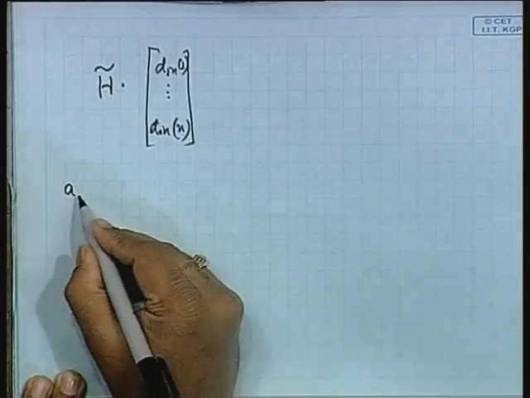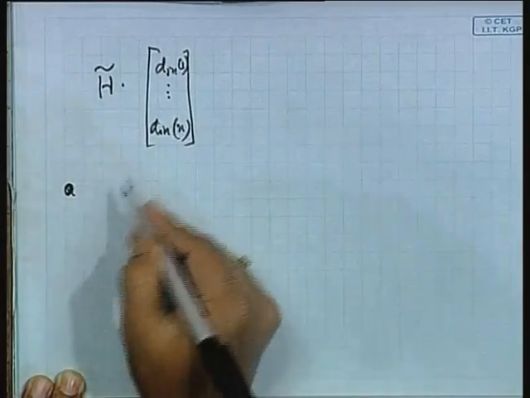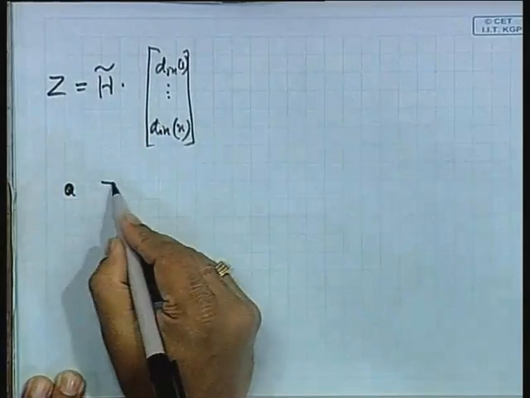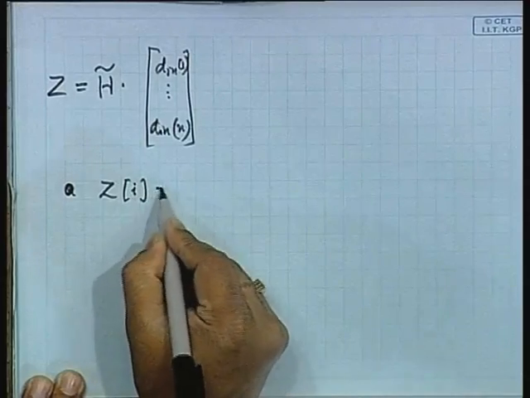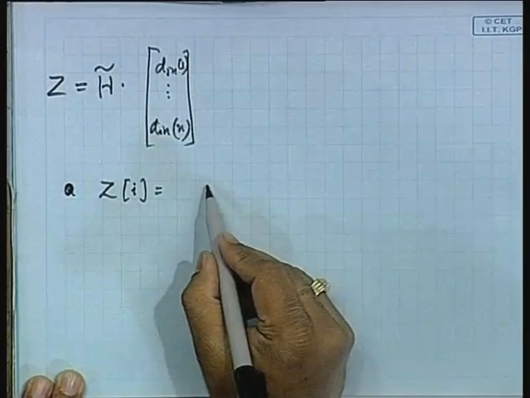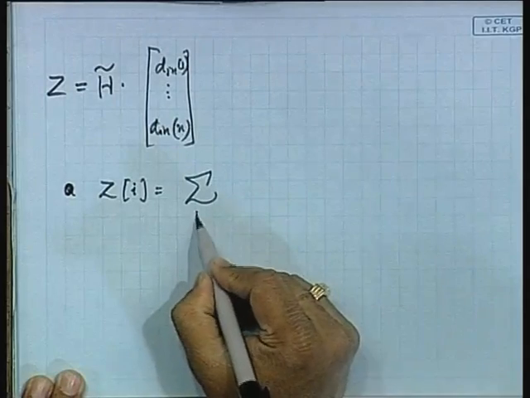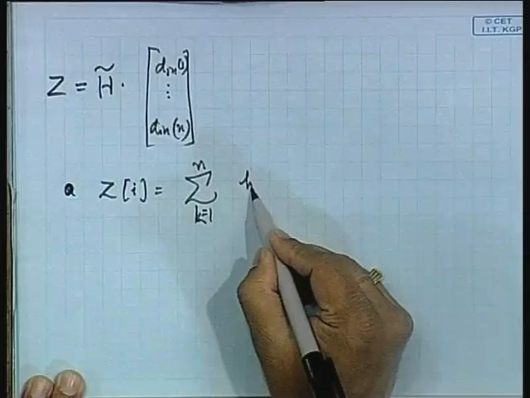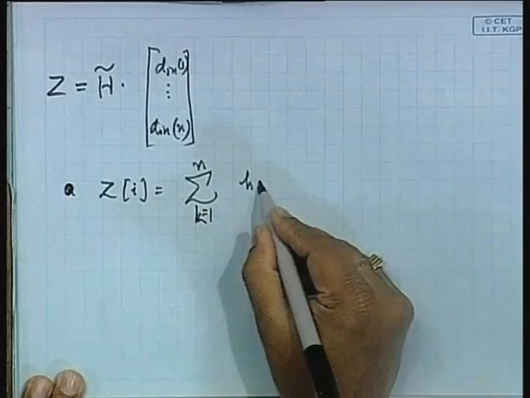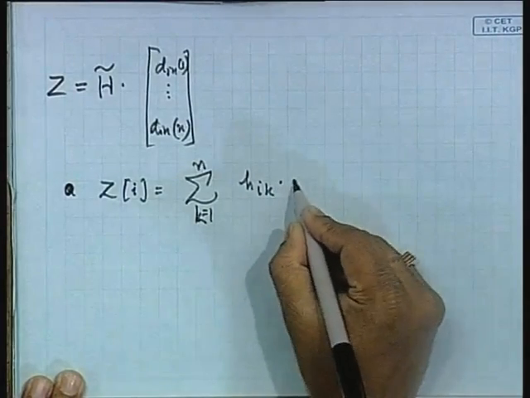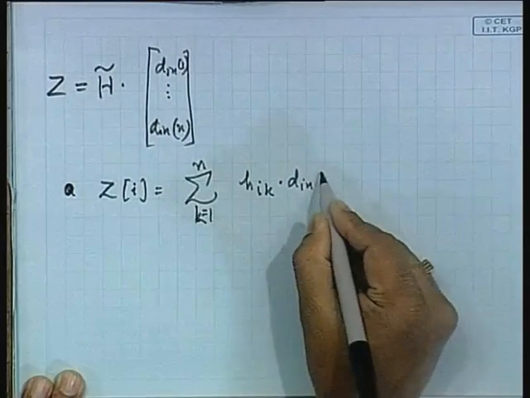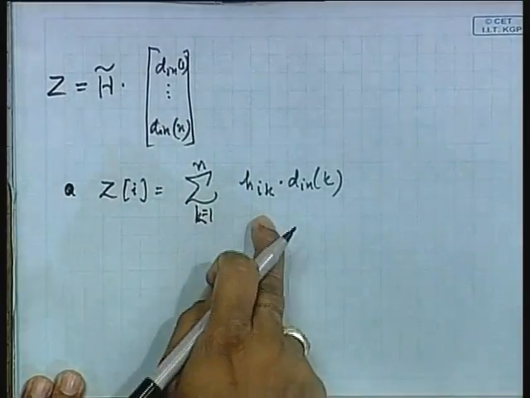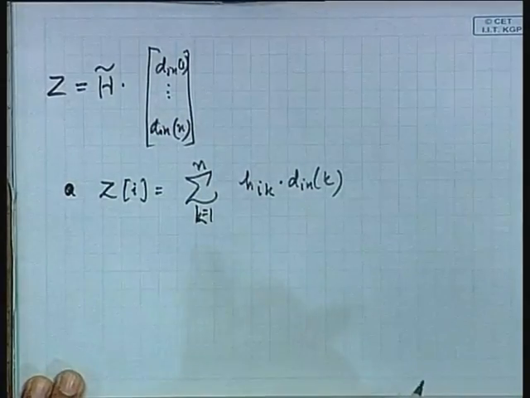In this multiplication, what is your ith term, which let me call C, so what is your Z_i? Tell me. Sum over k equal to 1 to n of H_ik times d in degree k, isn't it? And now you replace H_ik with what we derived earlier.